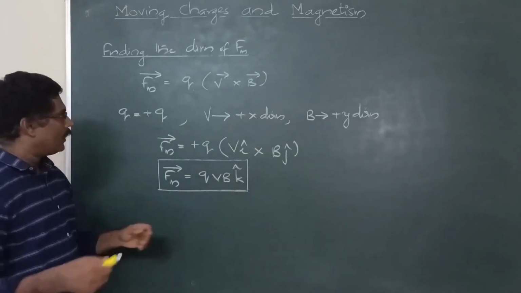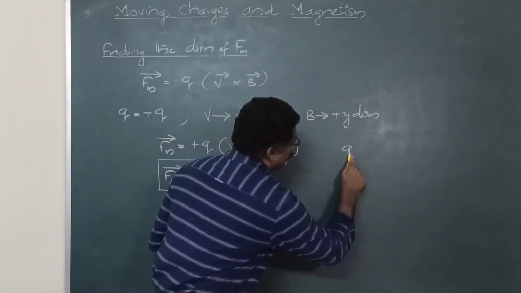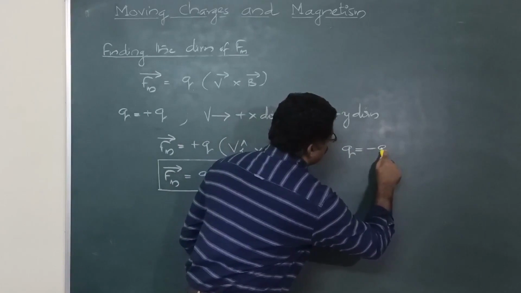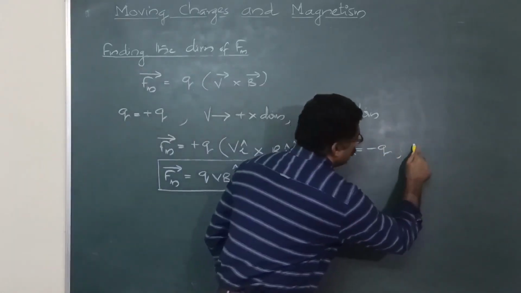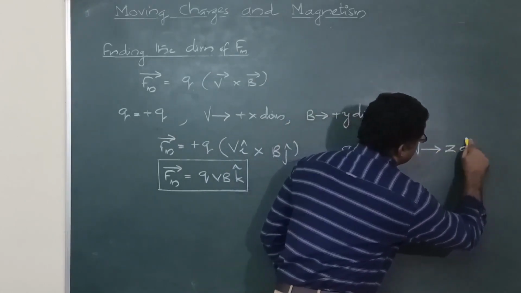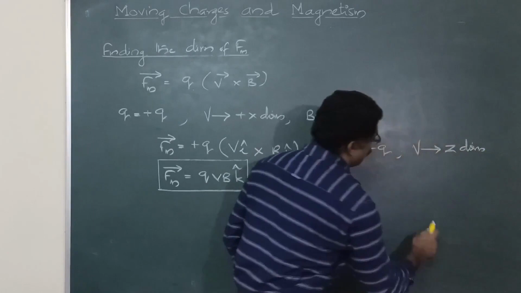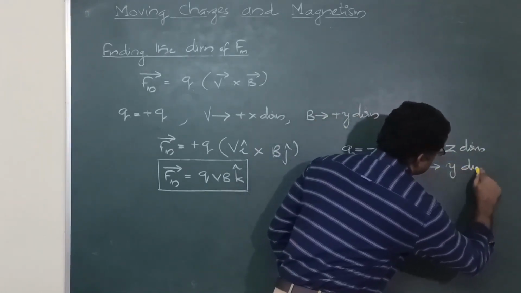One more example. Consider a charge equal to minus q, that is, a negatively charged particle moving along the z direction, and the magnetic field is acting along the y direction.